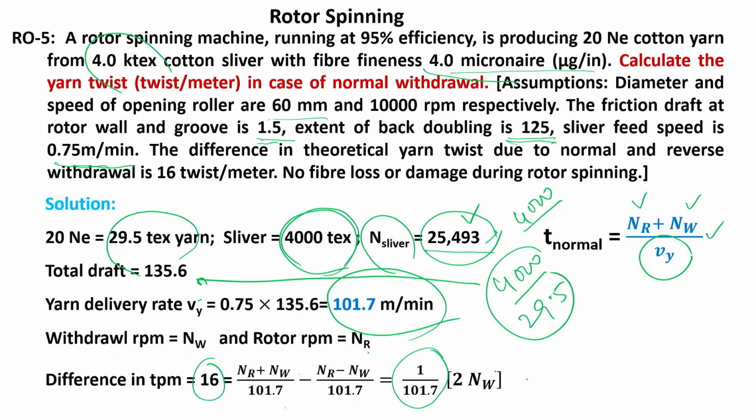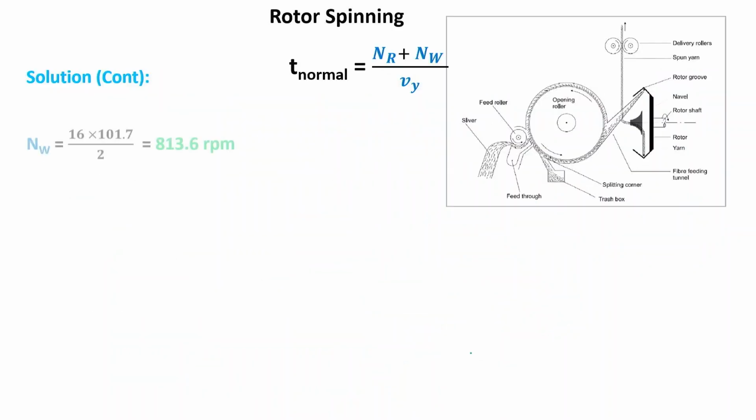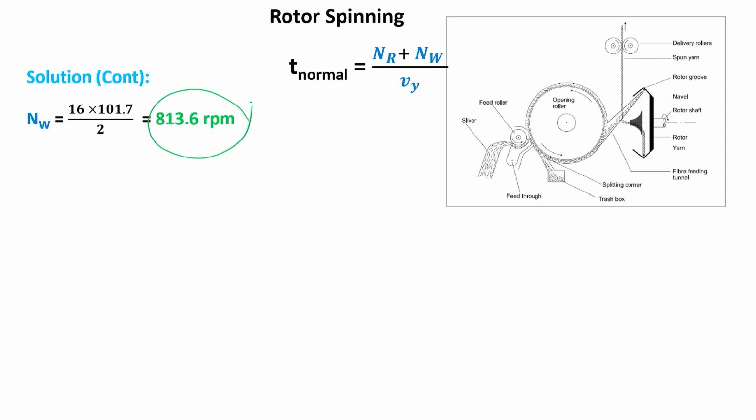So, from this equation we can calculate the withdrawal RPM. So, withdrawal RPM becomes 803. So, we have calculated Vy, we have calculated the withdrawal RPM.